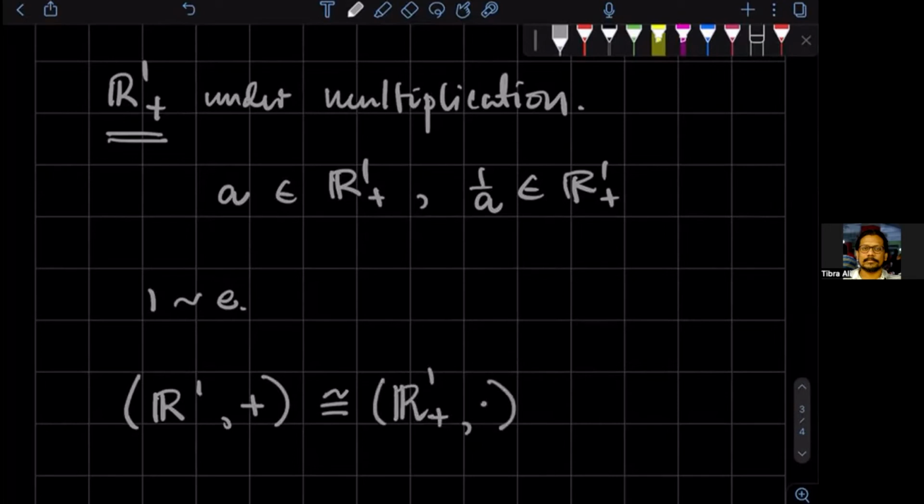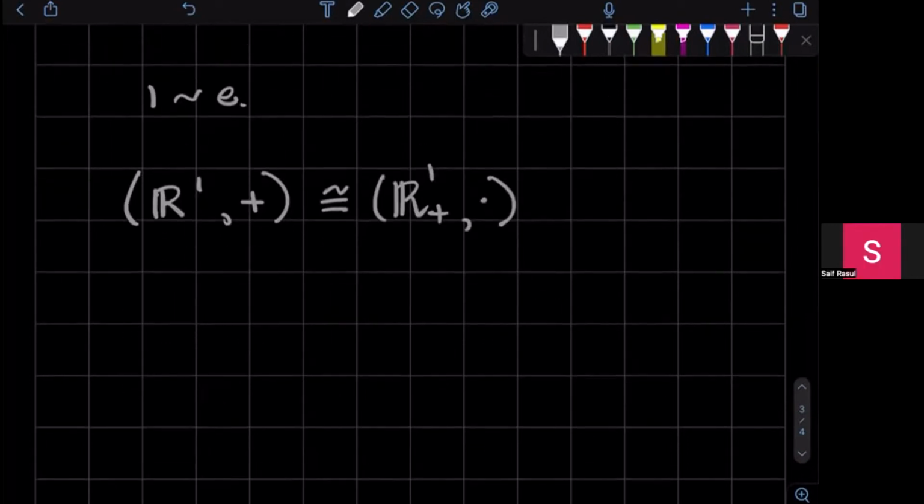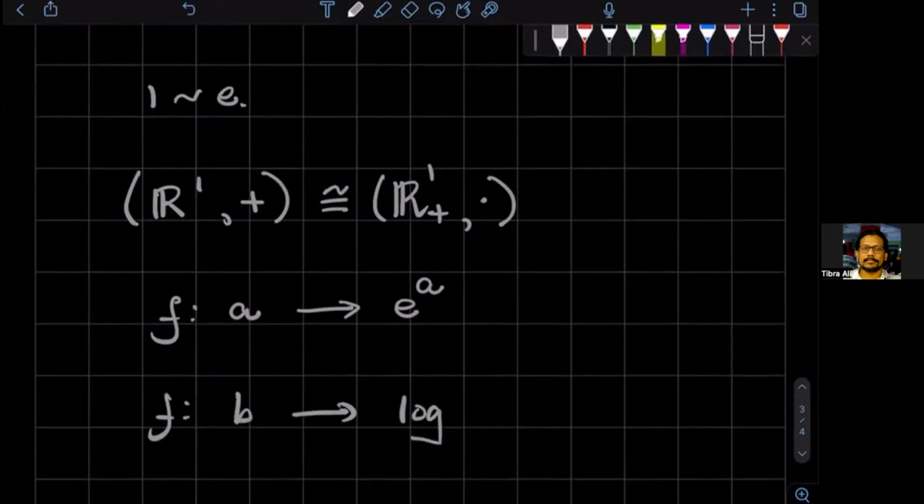Can somebody tell me what the map is? E to the X. Exponential map. Right. So we take an element in A and we map it to that. The inverse map is we take an element in B and take its log, right? So that shows that these two groups are isomorphic.